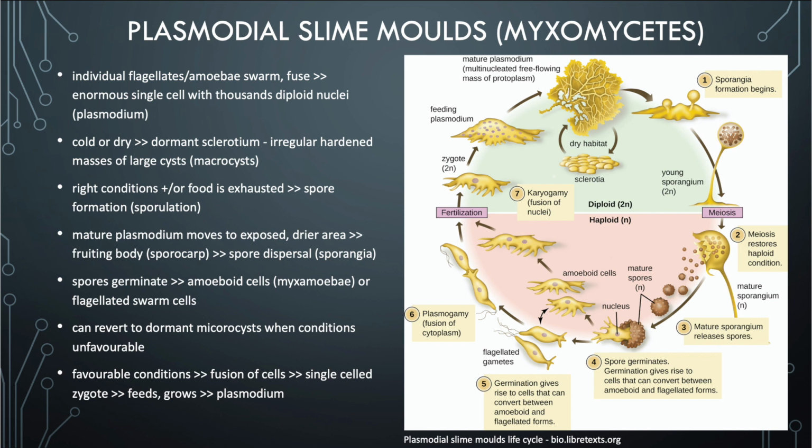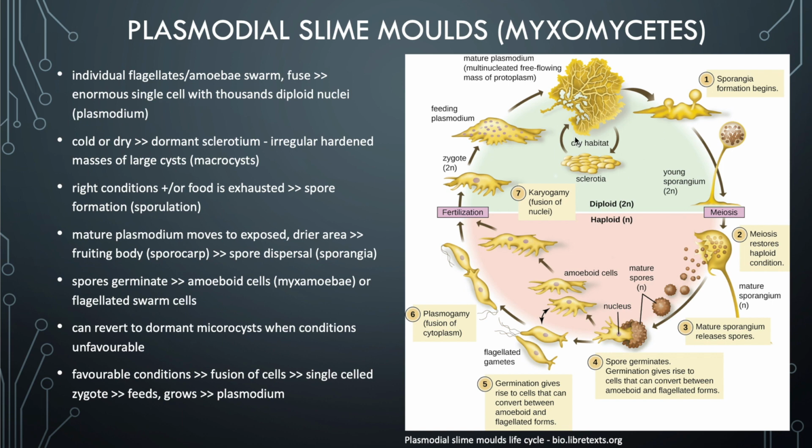The spores then germinate, and from them amoeboid cells called myxamoebae are generated, or flagellated swarm cells might be born from those spores. These organisms can also revert into dormant microcysts when conditions become unfavorable. However, favorable conditions cause fusion of the cells and a single-celled zygote is created, which feeds and grows to form the plasmodium again.